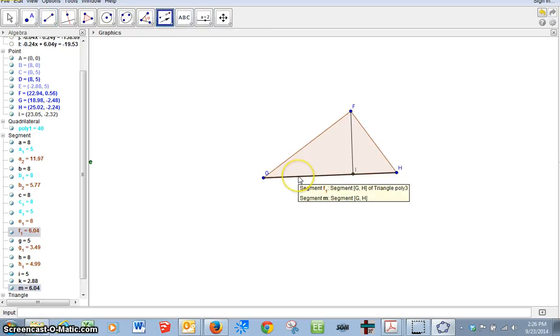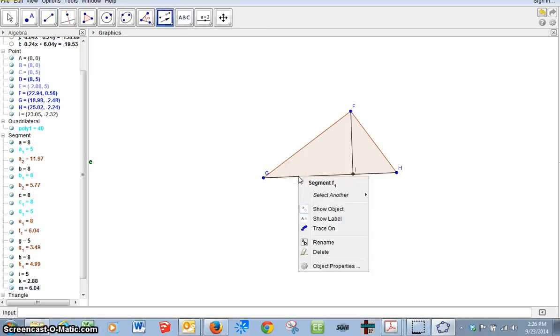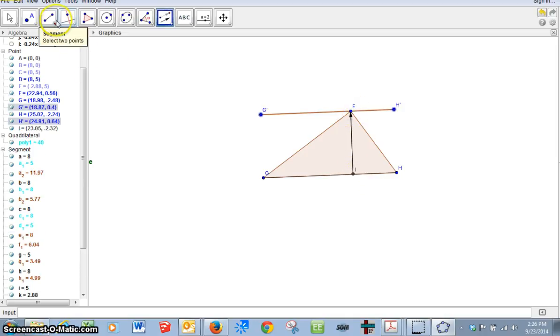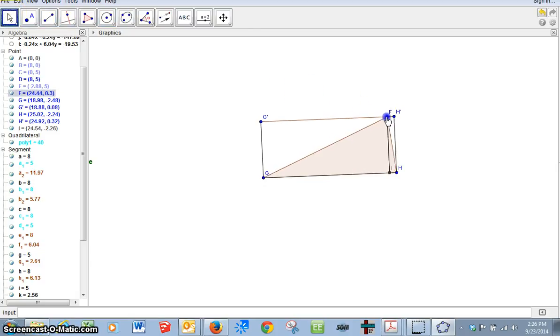So if I can highlight segment GH, translate it by a vector from here to here, I can create the related rectangle. And the area of that rectangle will always represent twice the area of the triangle related to it.